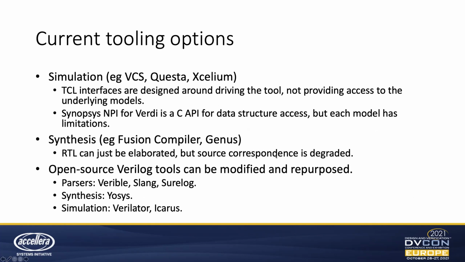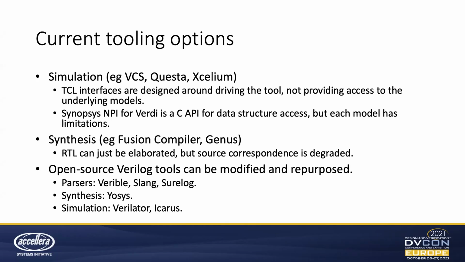So, to speak a bit more about what you can do with current tools out there. In the simulation category, you've got tools like VCS, Questa, Xcelium, and I would observe that their TCL interfaces are designed around driving the tool, but not really providing access to the underlying model of the design.